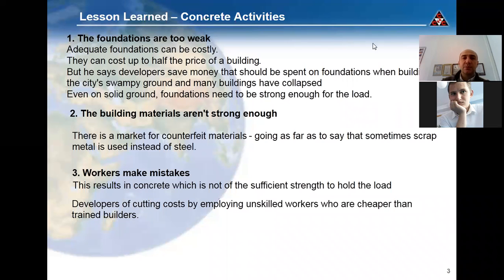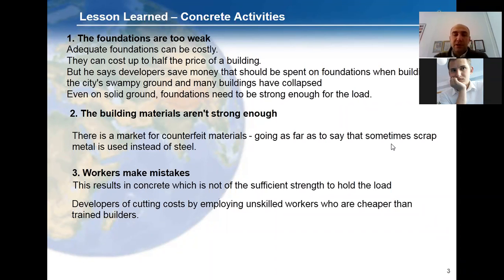But at the same time, of course, the problems which lead to the failures of the buildings should be solved, and we need to know them.